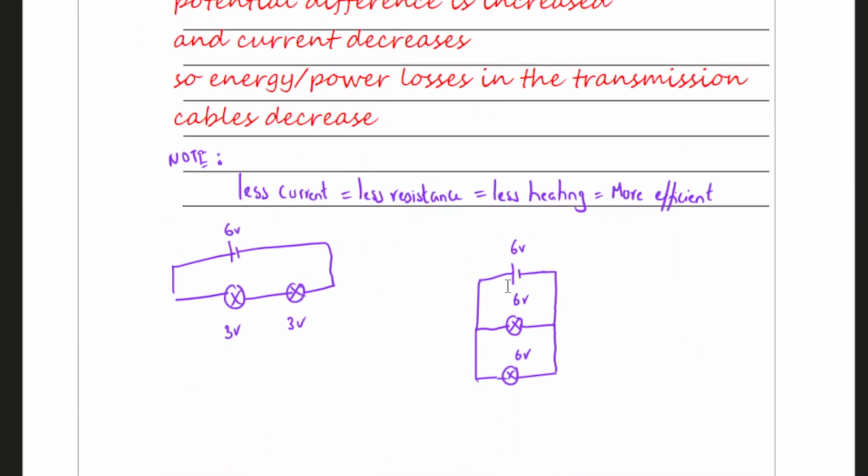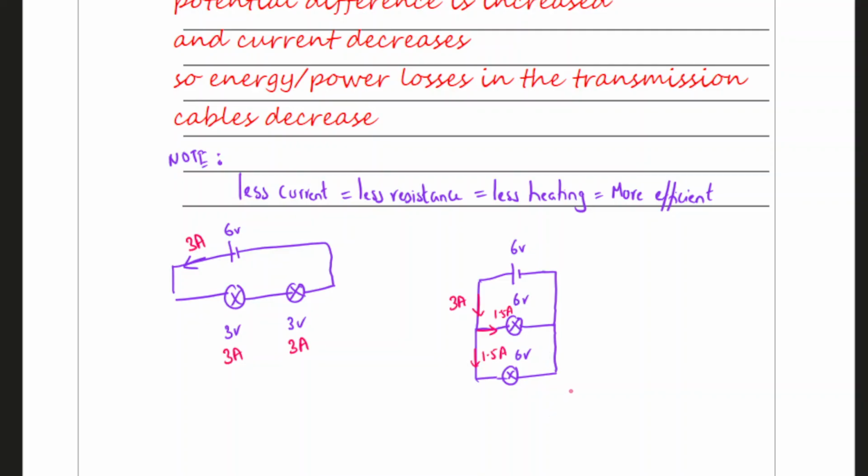Right? If I had a different current, 3 amps, the current is going to be 3 amps across the first bulb and the second bulb. The current doesn't change. Voltage is shared. Here, if I have a current of 3 amps, it's going to split up into 1.5 amps and 1.5 amps.